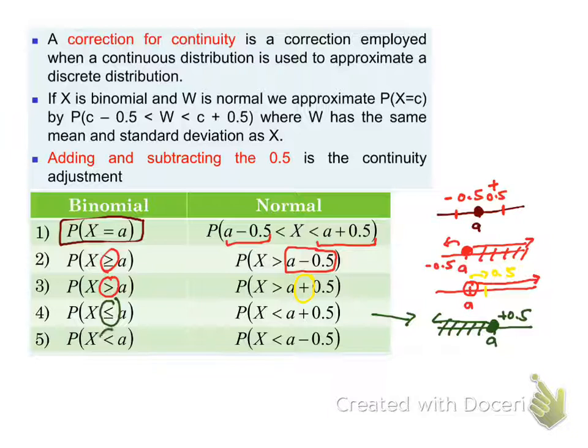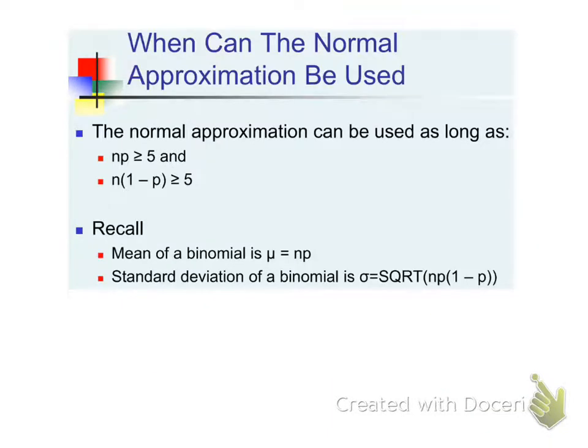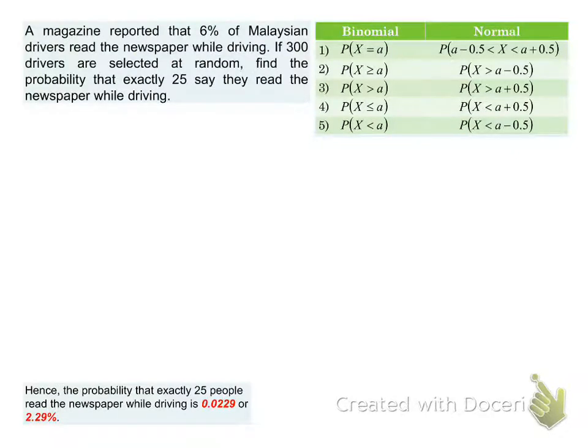This one is smaller than A. I saw some of the students' faces already. A is not included, so we go to the left-hand side with 0.5, so we use minus. Never mind, we will see the example and come back to this later.